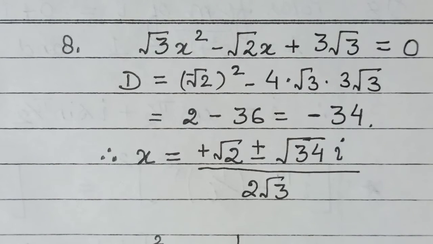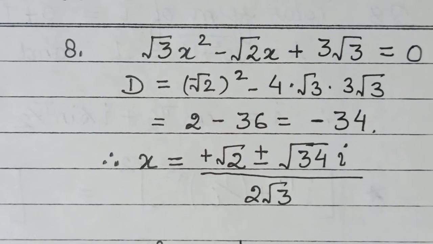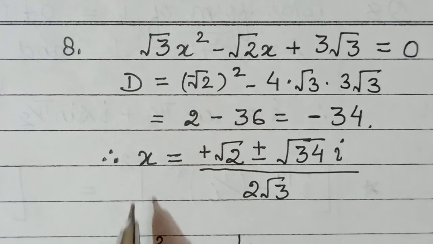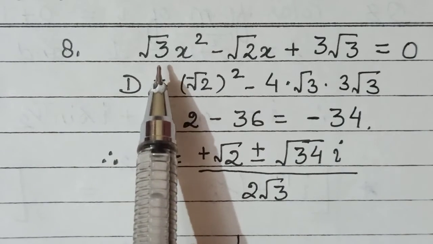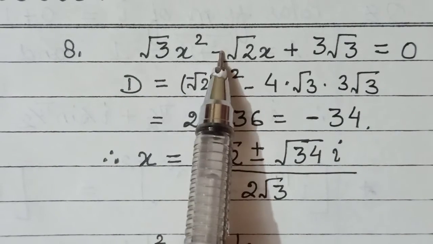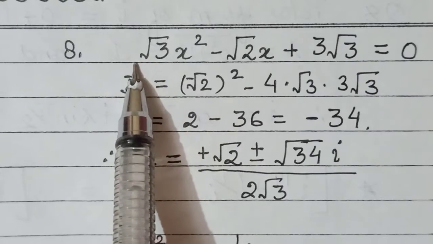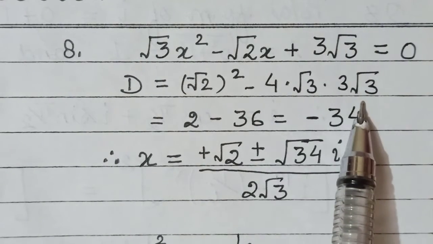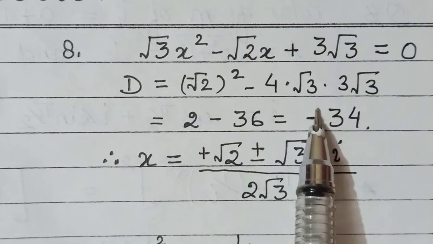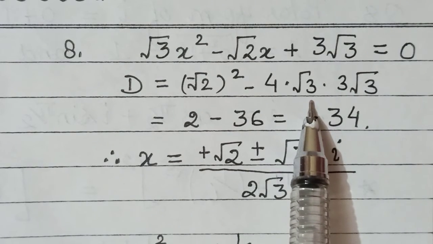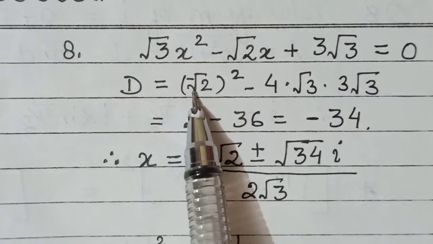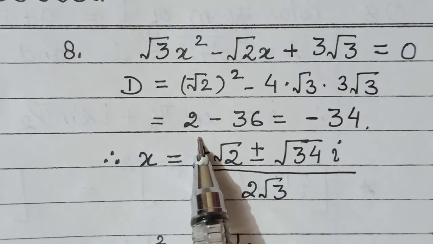This exercise is simple. I've just taken a few examples, and the remaining you will try yourself, children. It's going to be simple for you. Simple calculation, nothing much to do there. So this is your b square now, minus 4ac. If you're multiplying that, root 3 into root 3 is 3. 3 threes are 9, 4 nines are 36, and root 2 square becomes 2.